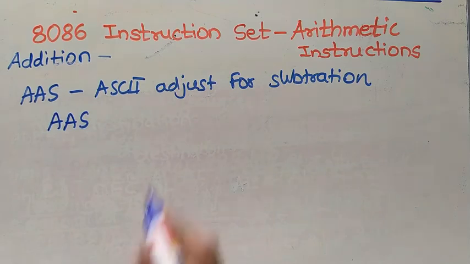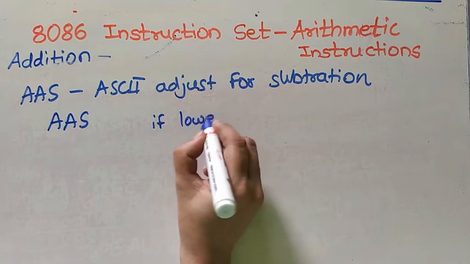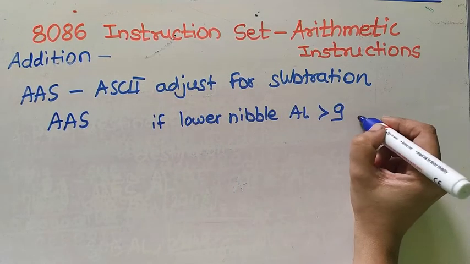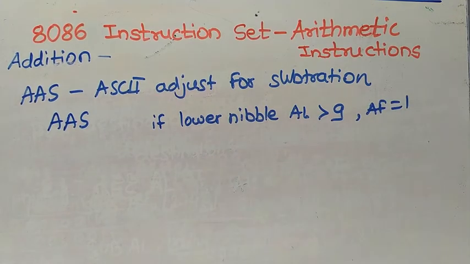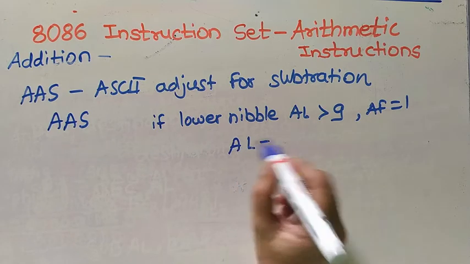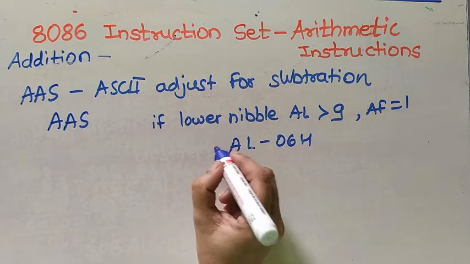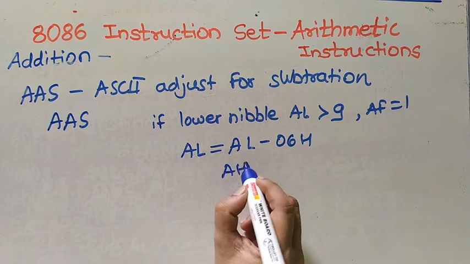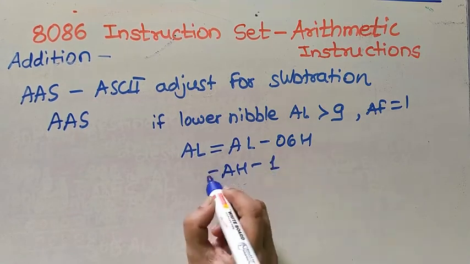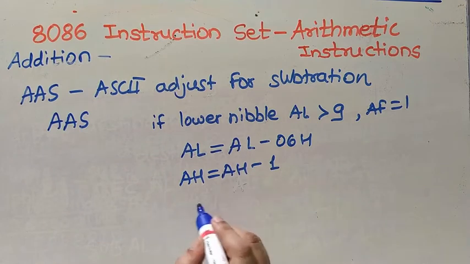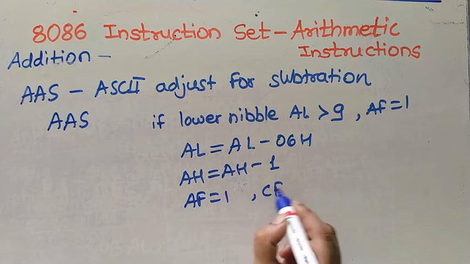Here if the lower nibble of AL is greater than 9 or the auxiliary flag is set to 1, then 06H is subtracted from the contents of AL and the result is stored into the AL register, and in the AH register 1 is subtracted from AH and the result is stored again in AH, and here AF will be 1 and CF will be 1.